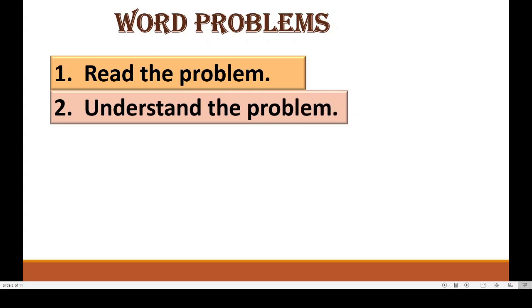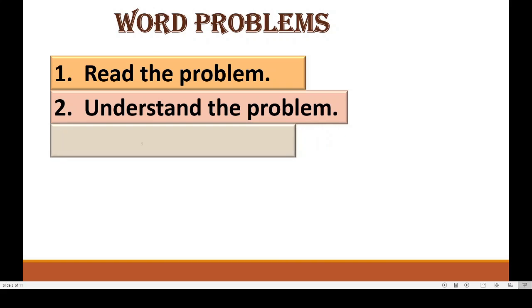What is given inside that problem? That we have to understand. What is asked here? What to find out? And which method to follow? That you have to understand. Means overall the meaning is we have to understand the meaning of the problem.